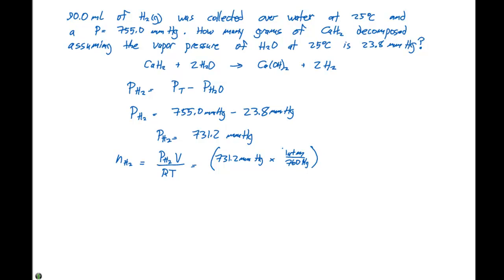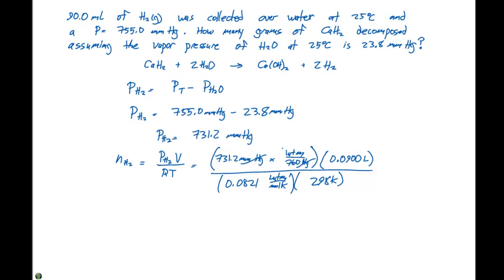Those units can then cancel out. Then we look at the volume, which is 90.0 milliliters, or 0.900 liters, divided by our ideal gas constant, 0.0821 liter atmospheres per mole Kelvin, times 298 K, which is the temperature we're at here.